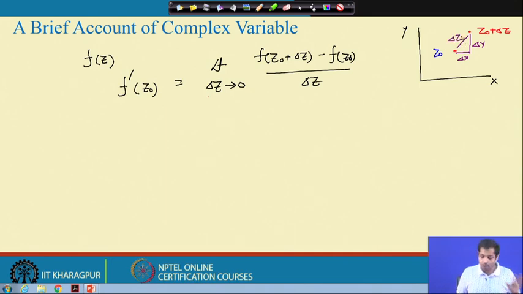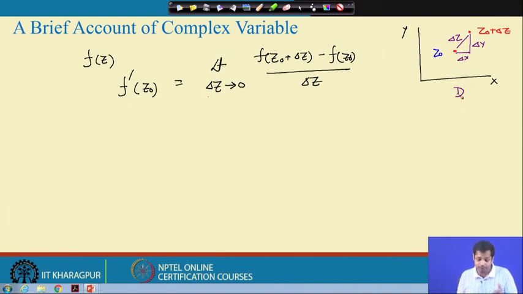If f(z) is a single valued and continuous function, then at a point, suppose this domain is represented by D, this is the derivative of f at any point z0 in D, if it exists.